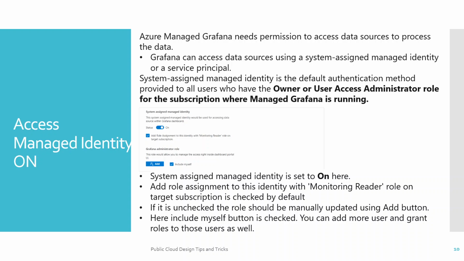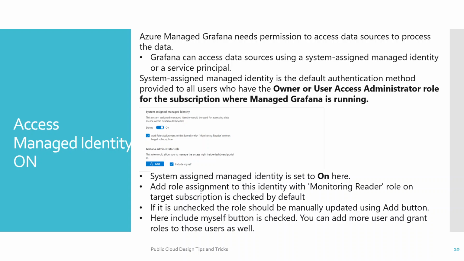Okay. So here these are the default settings. Let's say if you uncheck this particular checkbox, then you should update it manually using the add button. So there is a manual option where you just click the add button, and then you can do that manually if it is unchecked, let's say.